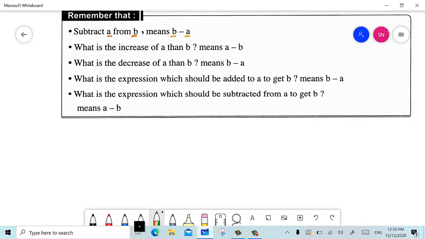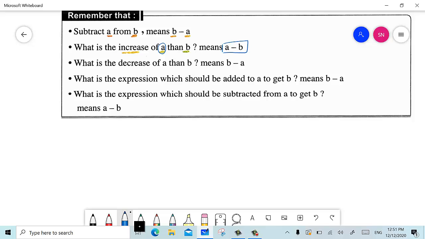And we also said that when I am asked what is the increase of a than b, this means I am asking, a is more by how many? So a is more, so I am going to make a minus b.